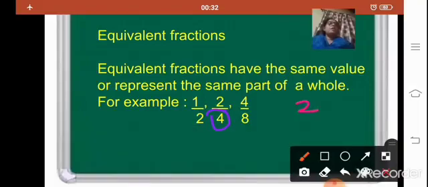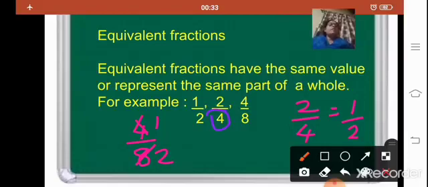If I reduce 2/4 to its lowest term, 2 ones are 2, 2 twos are 4, that is half. Again 4/8 is also an equivalent fraction because 4 ones are 4 and 4 twos are 8, and again it comes to half. So equivalent fractions are those fractions which have the same value or represent the same part of a whole.